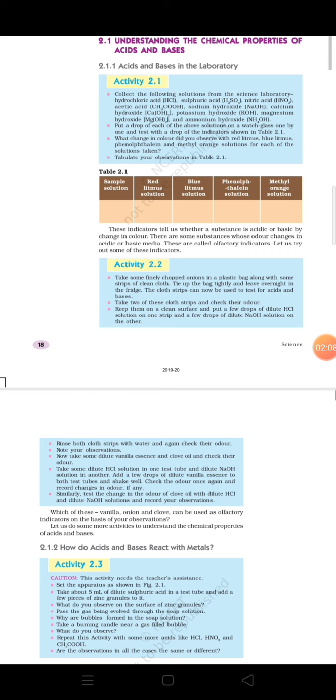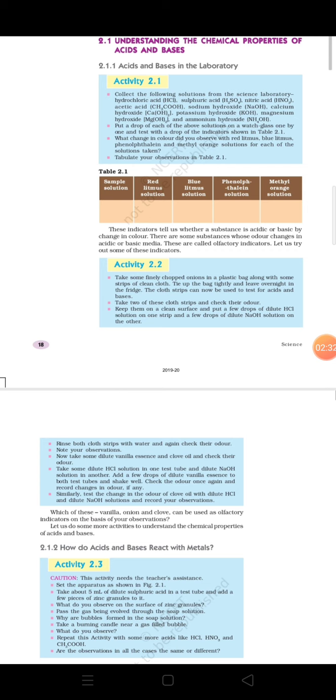It's not necessary to use the way it is given in the book, taking a few drops in a watch glass only. The better way, I feel, is to take a small amount of the sample solution in a test tube and then add these indicators, one drop or two drops, that is more than enough. In one or two drops you will get the result.